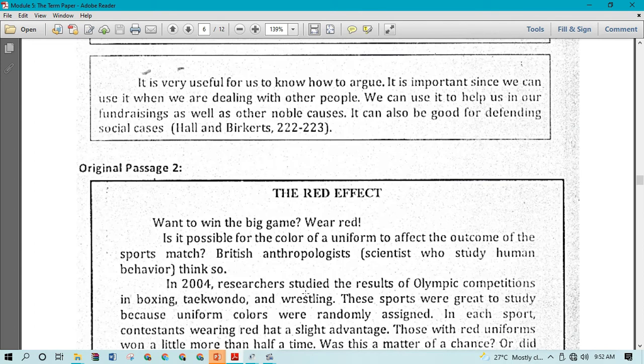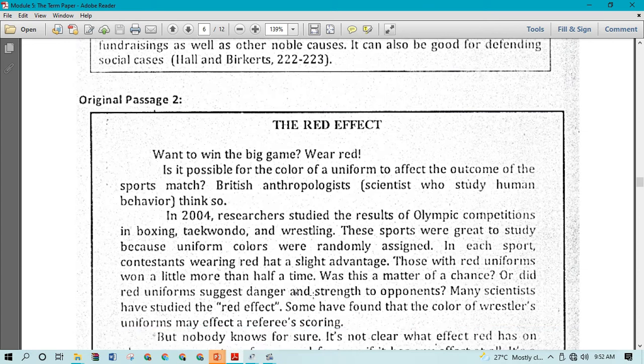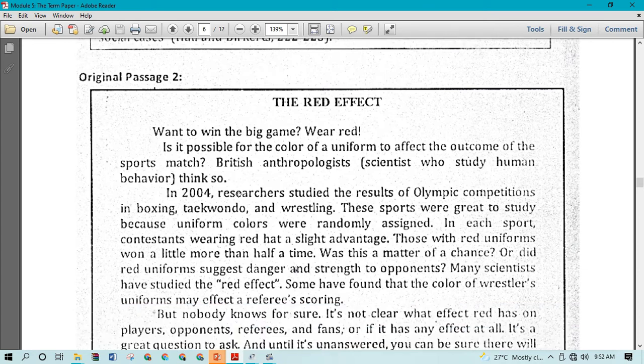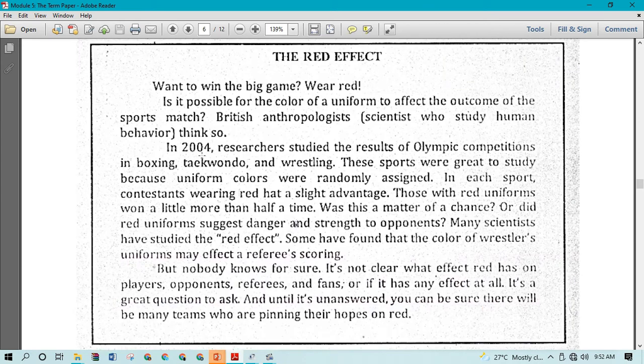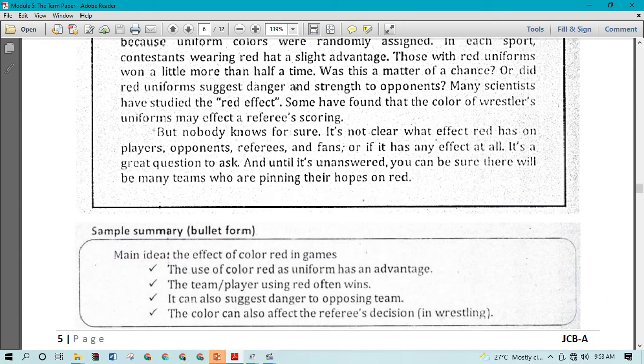Okay, so here is also an example of an original passage. Here, the red effect. As you noticed, this is long, right? It has one, two, three, four paragraphs. Now, this is a sample of a summary in a bullet form.